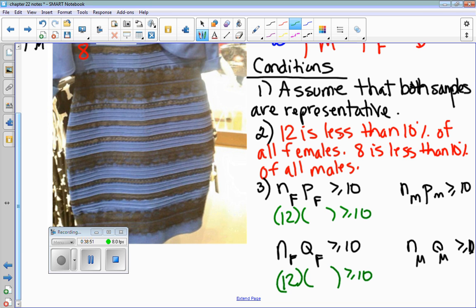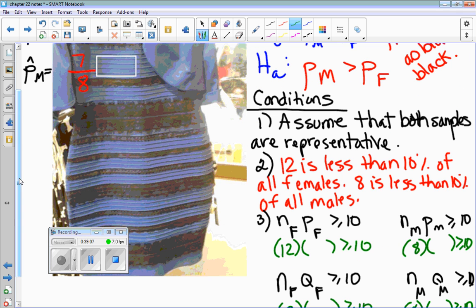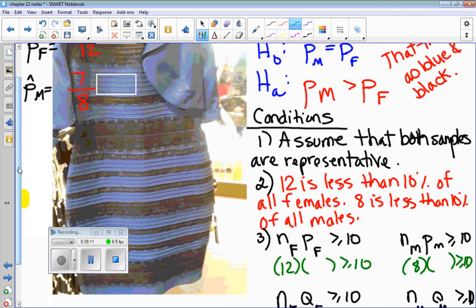And then the males, we had 8 of us. All right, so we have to use P hat and Q hat because we don't have the actual population parameter here. 7 out of 12 and 7 out of 8, right?